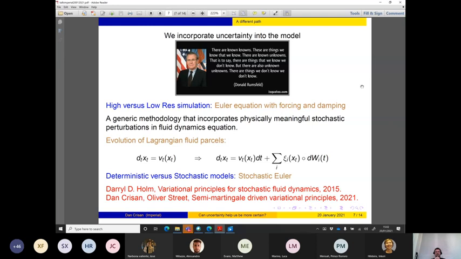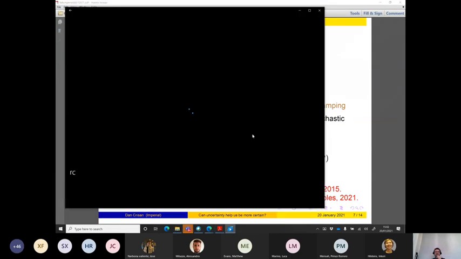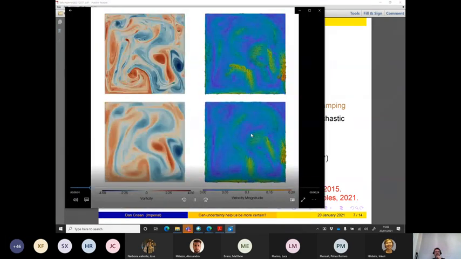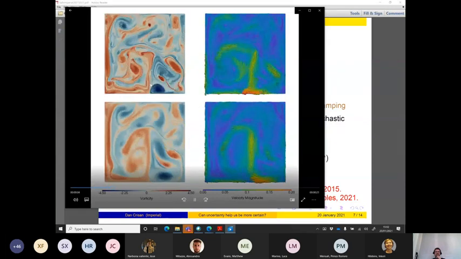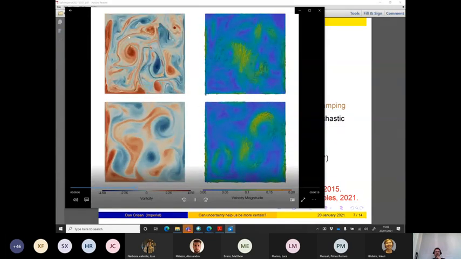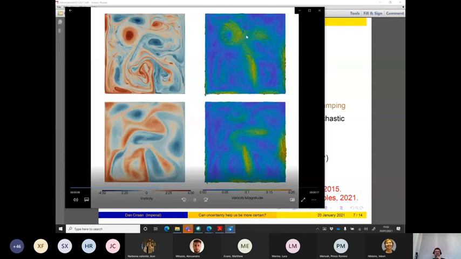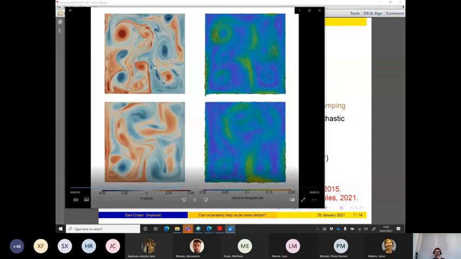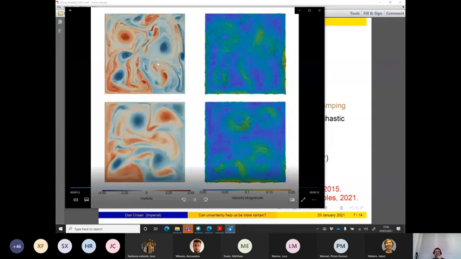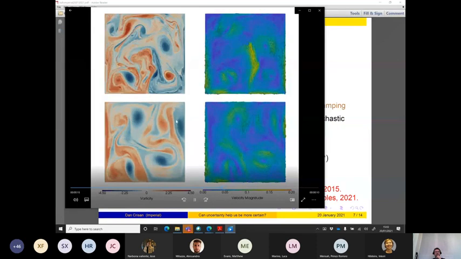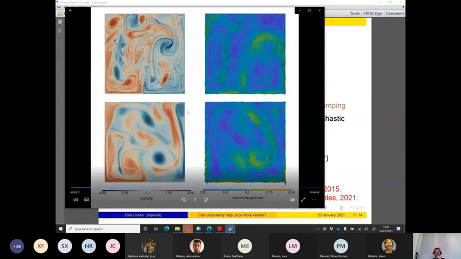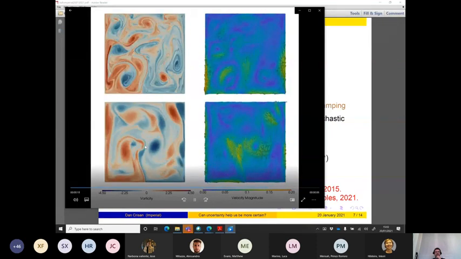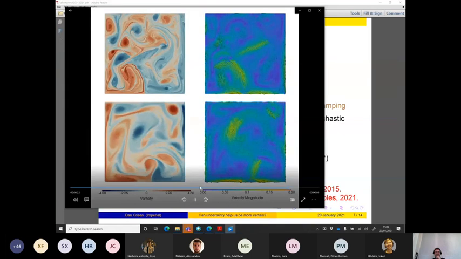Okay. So the question is, how do you add stochasticity? Okay, so why do we want to add stochasticity? Well, rather than simulating things on a refined scale, so these are the simulations that you've just seen on the previous page, we want to simulate, for example, Euler on a coarser scale.